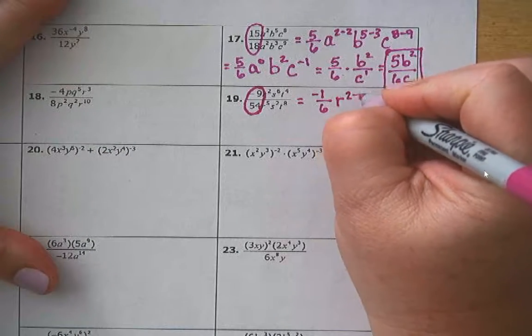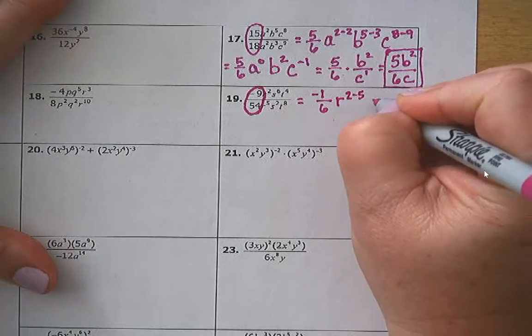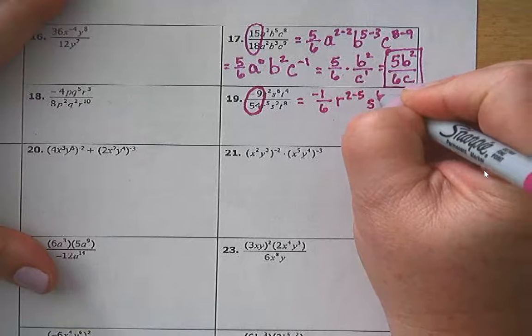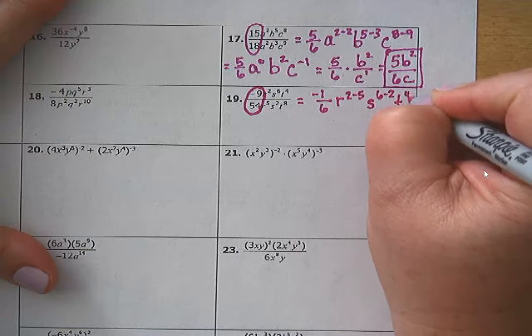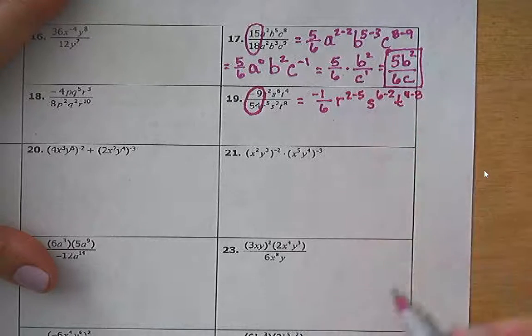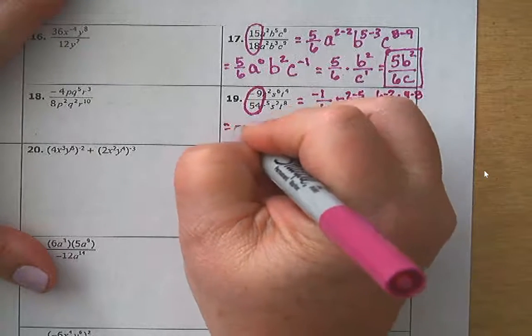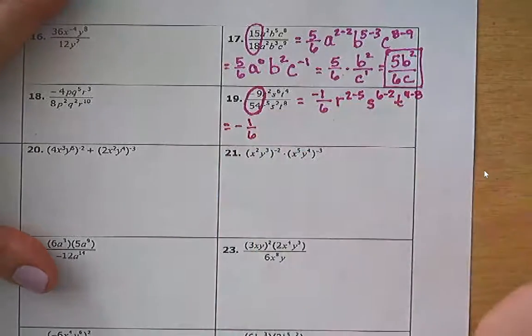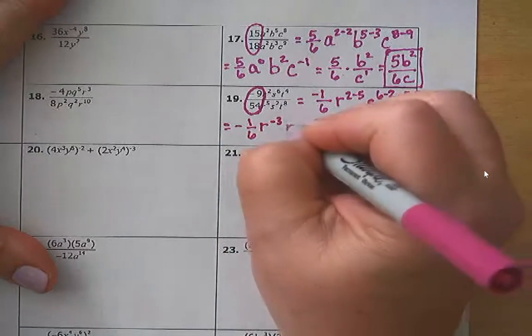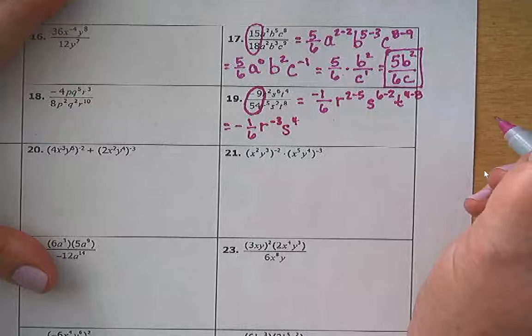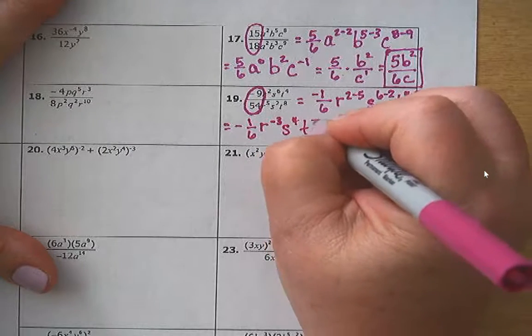So 2 minus 5 for the R. S is 6 minus 2. And T is 4 minus 8. So I've got negative 1/6, R to the negative 3, S to the 4, T to the negative 4.